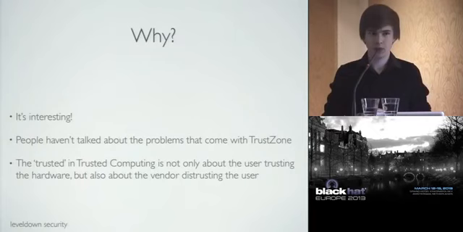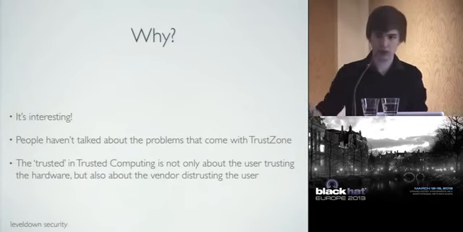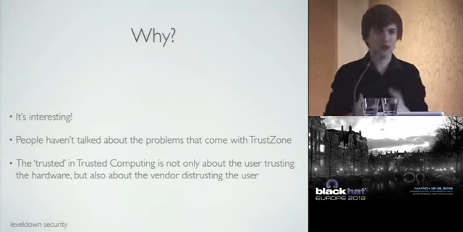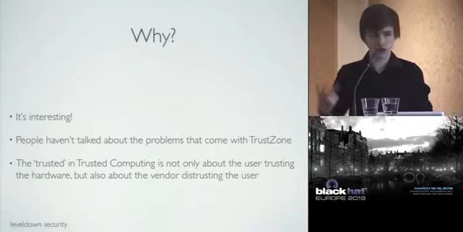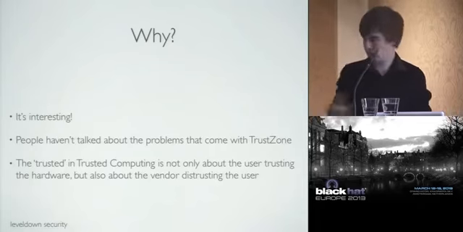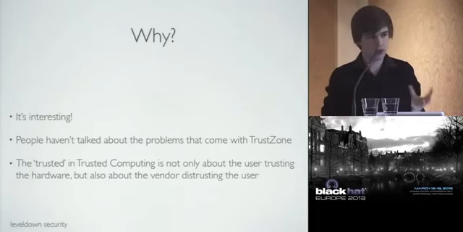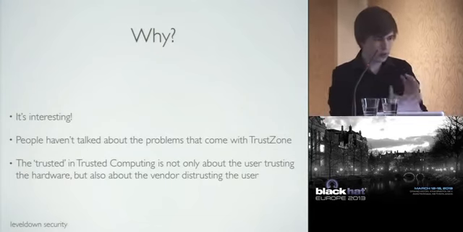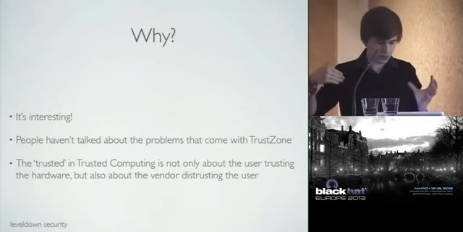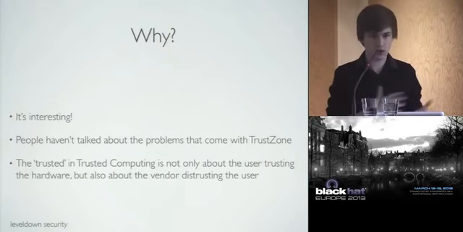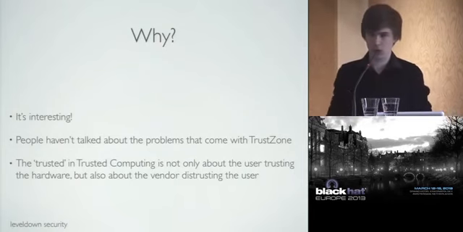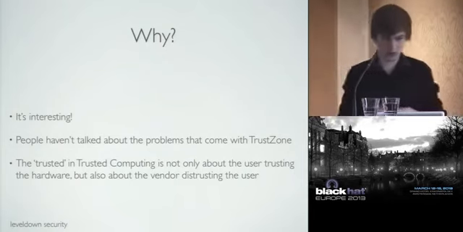People haven't talked enough about the problems that come with TrustZone, because normally if you have a secure element and are locked out of it, that's okay. I mean, it's the same with your banking card. You don't really need access to it. But if you have this TrustZone thing in your mobile phone, it means that the vendor has always access to the entire memory of your phone and can either spy on you or do usage statistics or whatever.